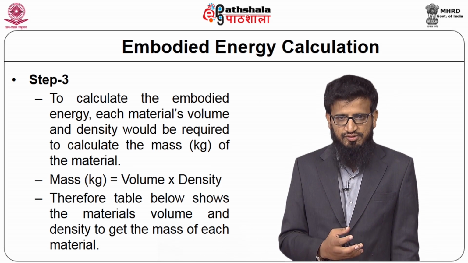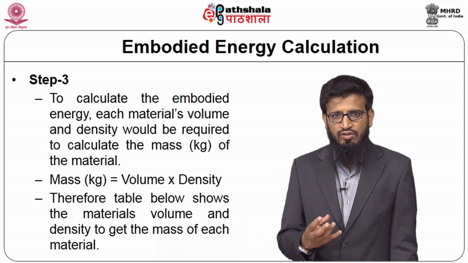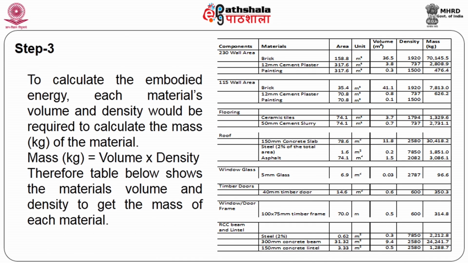Kg is nothing but the mass, so volume multiplied by density gives you the mass. This slide will give you a clear understanding of how the calculation goes. For example, the brick is 158.8 square meter. The volume is, because it's 230 thick, multiplied by 0.23, and you get 36.5.